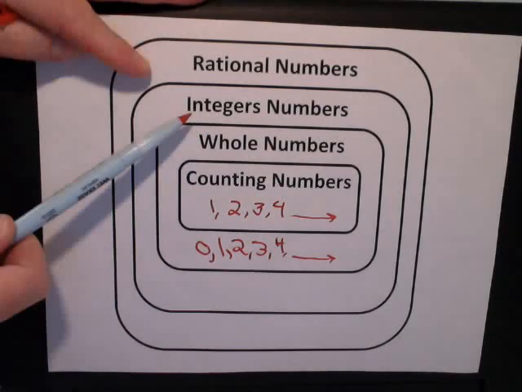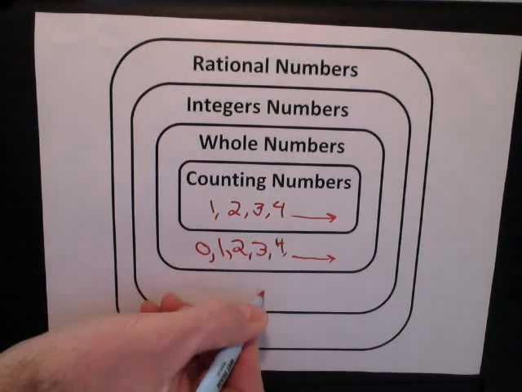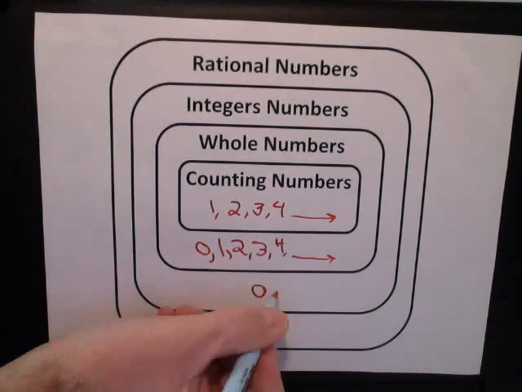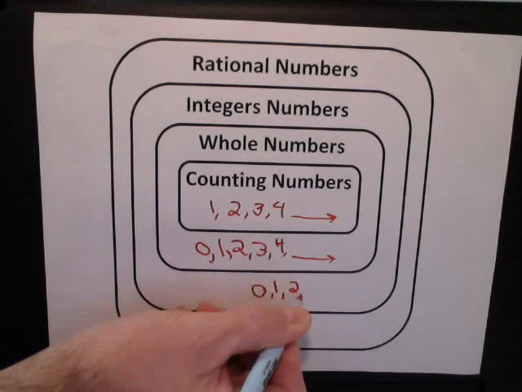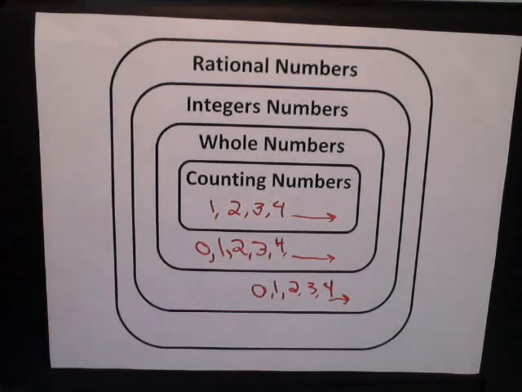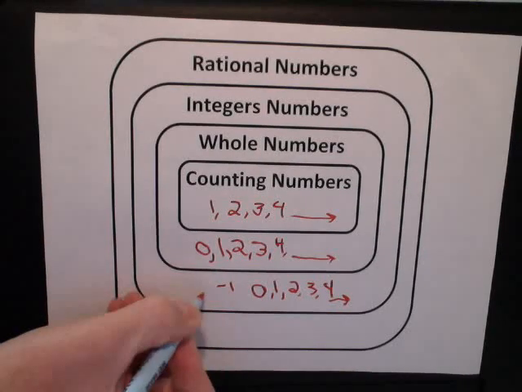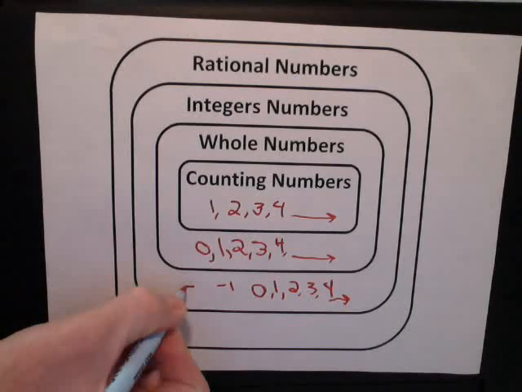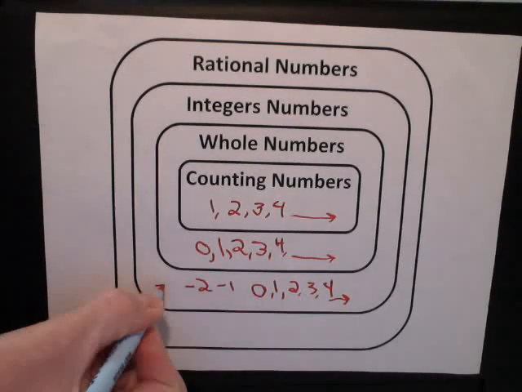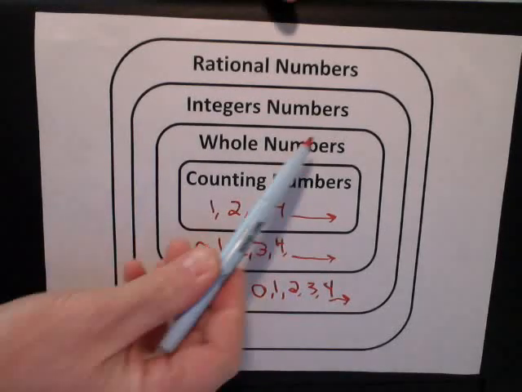Then this year, you were introduced to integers. Well, integers were all the positive numbers, 1, 2, 3, 4, and on to infinity, and all the negative numbers, -1, -2, -3, and on forever. So you had the integers.